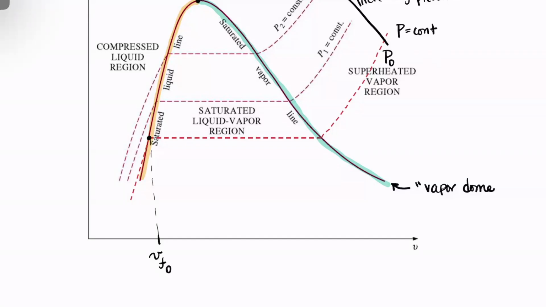So this is VF zero. And then this is VG zero. Then we can do that for each of the pressure curves going up. So this is then our specific volume F of pressure one, and then we also have VG1 and so on and so forth. So we can keep doing this for any pressure that we want.